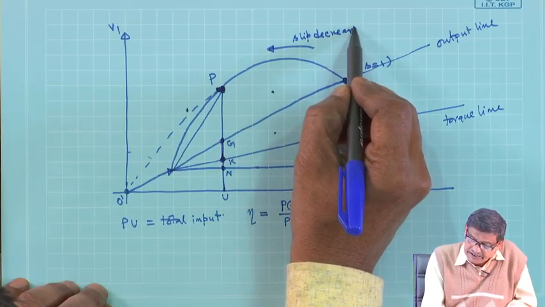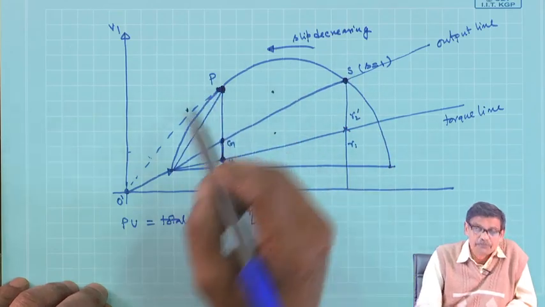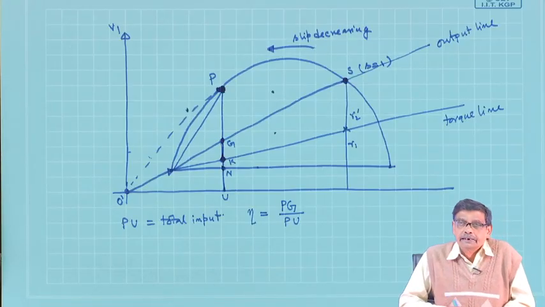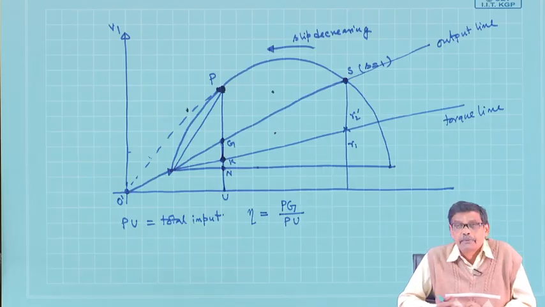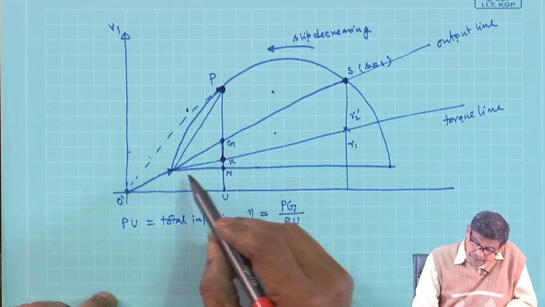Slip is highest at the starting point, then it is decreasing, going towards full load slip, which is very small. Now, suppose somebody asks what should be the operating point corresponding to maximum torque the motor has produced, then what you have to do? Then you have to simply do this thing.